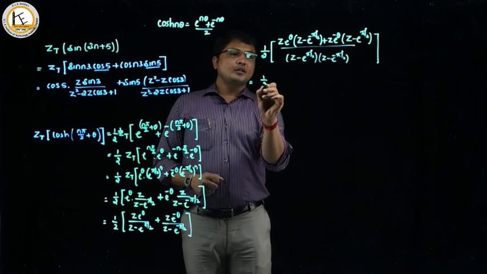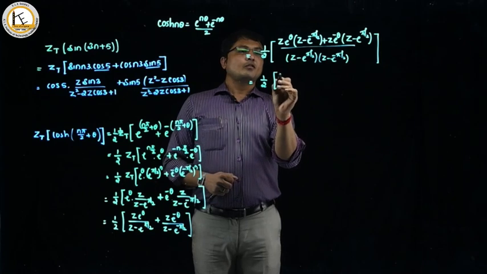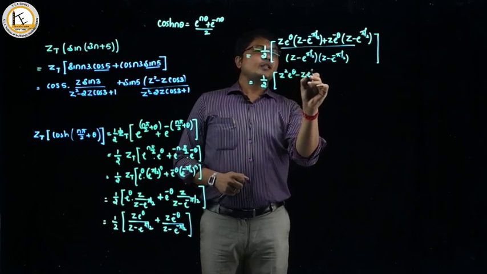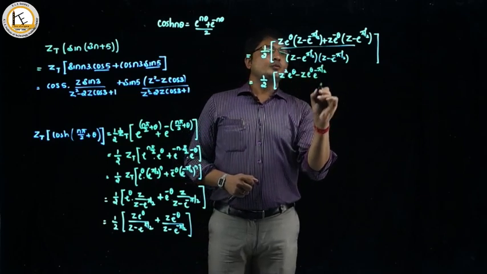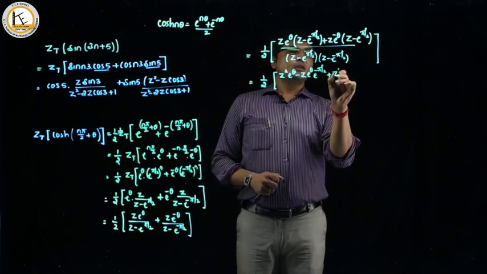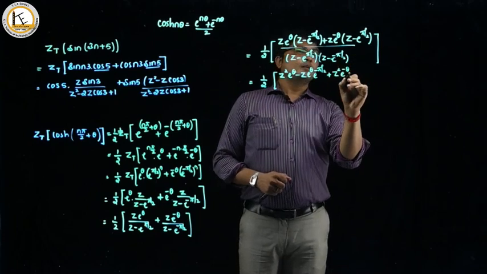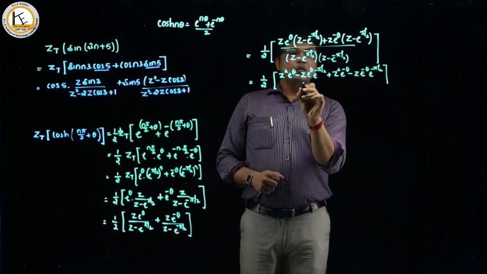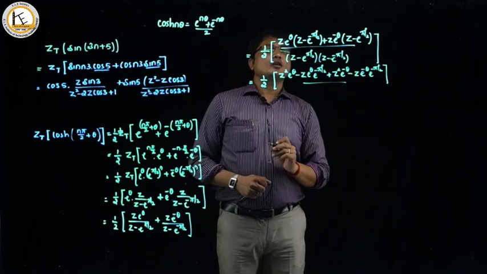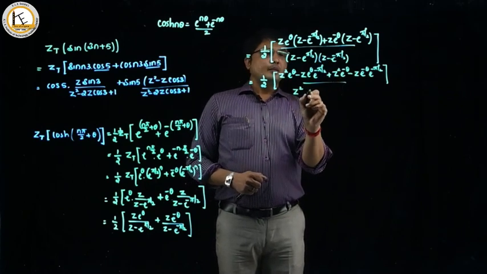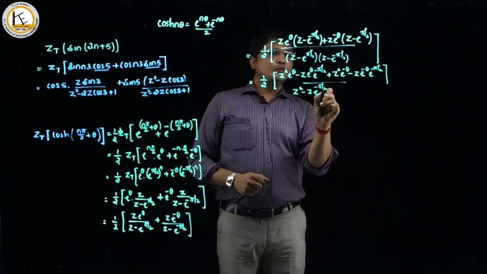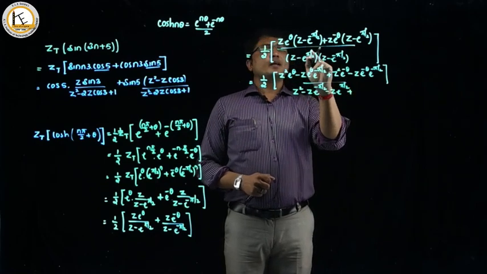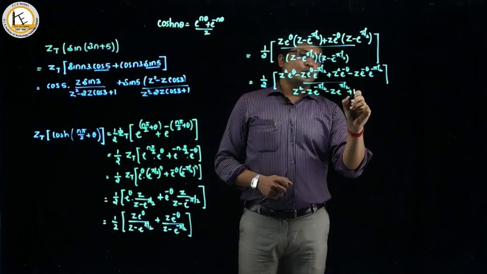Simplifying here, 1 by 2 into bracket multiplying, we have z square into e raised to iθ minus z into e raised to iθ into e raised to minus iθ plus z square into e raised to minus iθ, then minus z into e raised to minus iθ into e raised to iθ, whole divided by multiplying the denominator also, z into z is z square minus z into e raised to minus iθ minus z into e raised to plus iθ plus e raised to iθ into e raised to minus iθ will be 1 here.